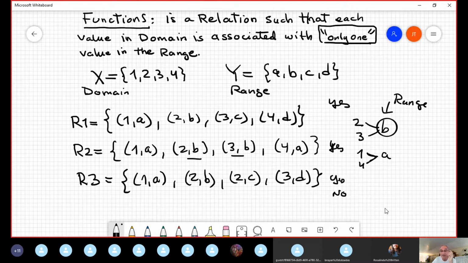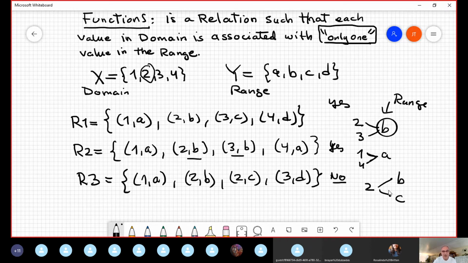In that case, I can see that 2, only one element in the domain, is associated with B and C. And this is the contradiction with the definition. The definition says only one value in the range. So obviously the answer is no. Not a function. Definitely not a function.